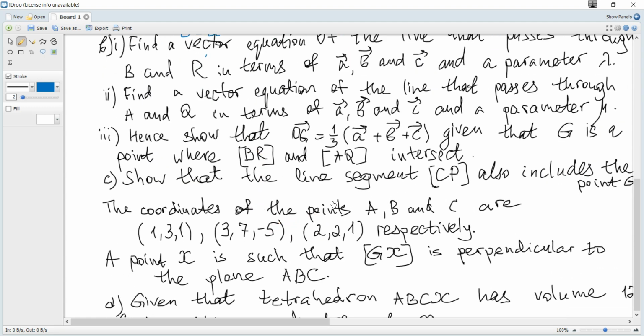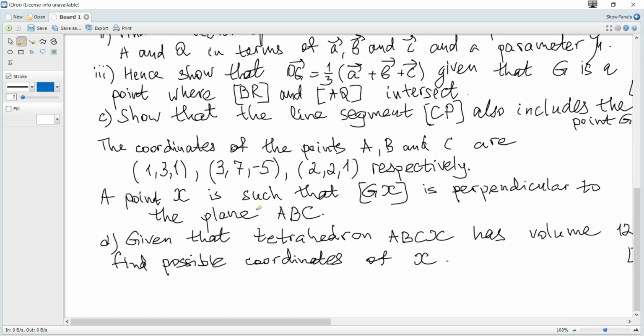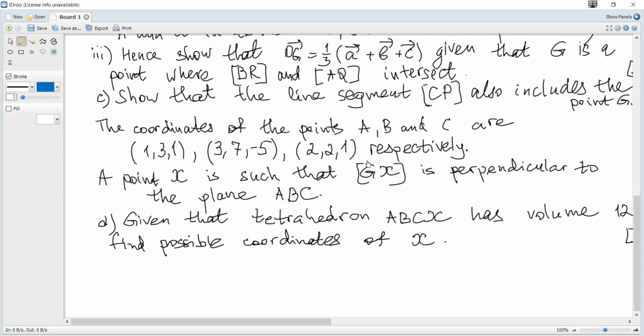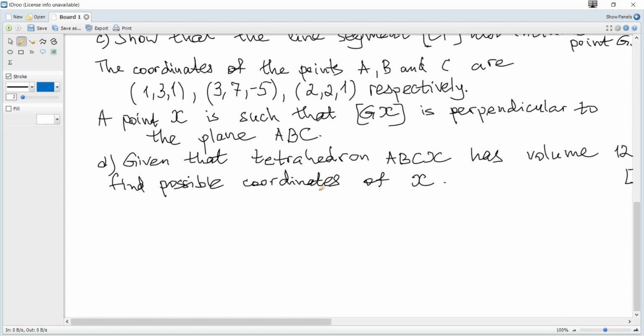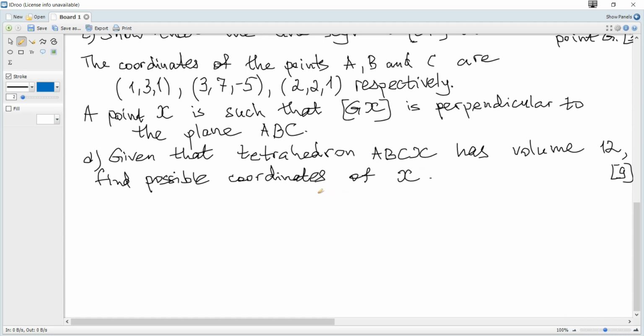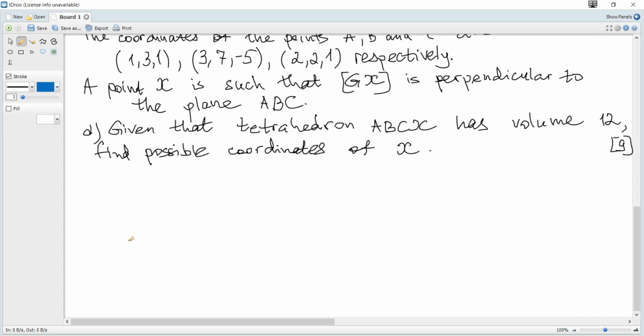The coordinates of the points A, B, C are given. A point X is such that GX is perpendicular to the plane ABC. Given the tetrahedron ABCX has volume 12, find the possible coordinates of X. So there is the base A, B, C, and somewhere is point X, and in general it may be above the triangle or below.